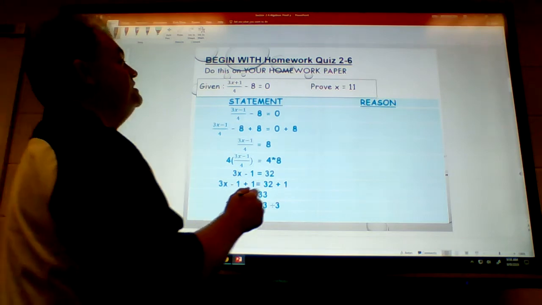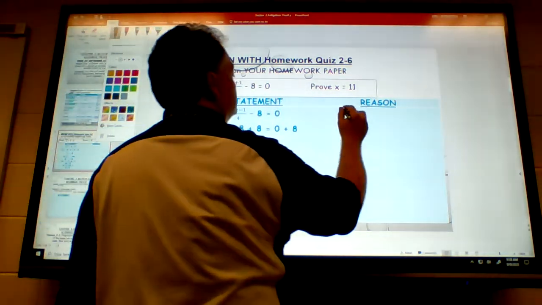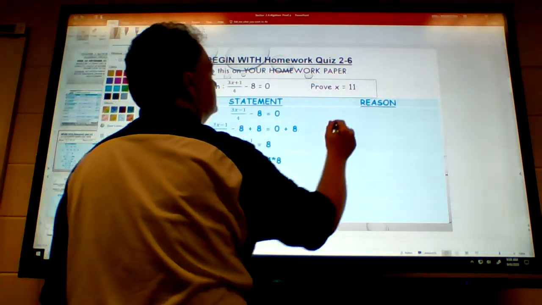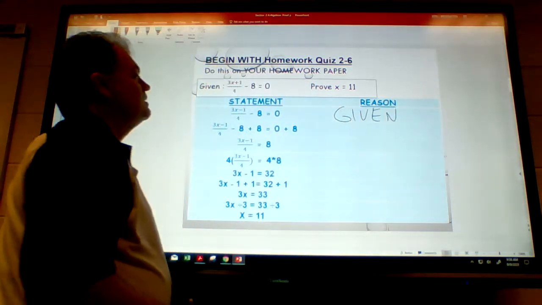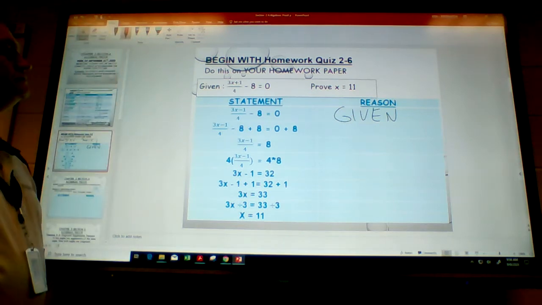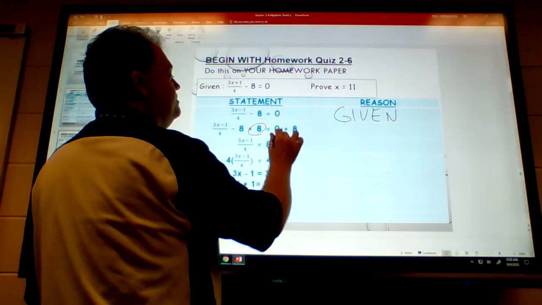First things first, our first statement is the given. Then we got to get rid of this 8. So we have to add 8 to both the left and the right.